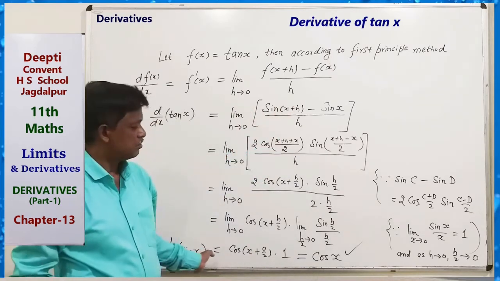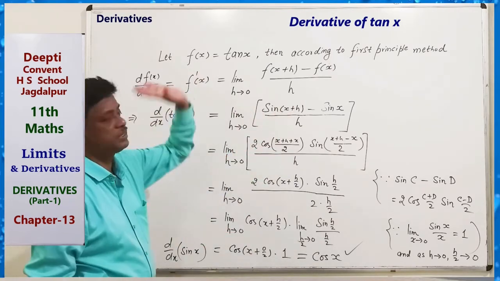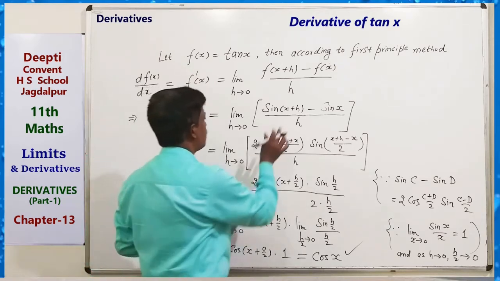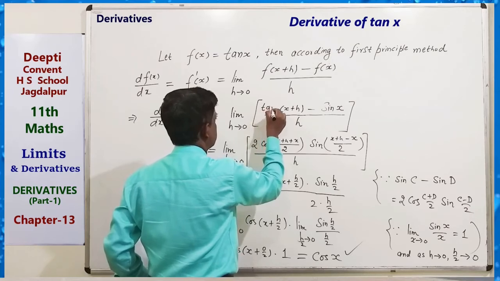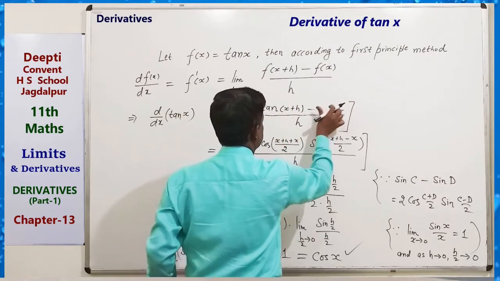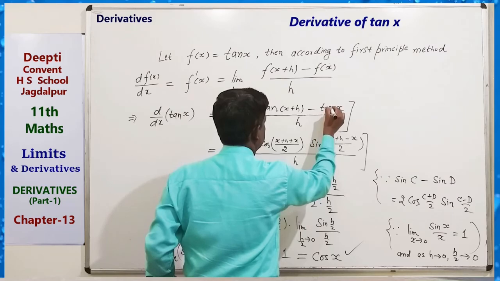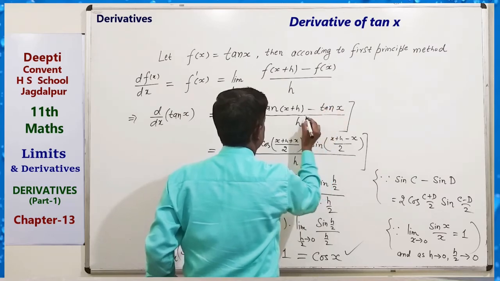The derivative of sin x is cos x. Now suppose tan x. So our formula will be, in place of sin, there will be tan.